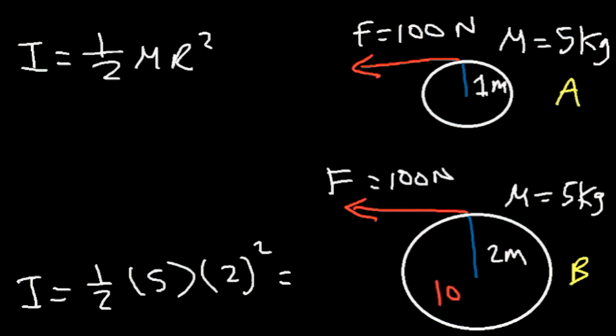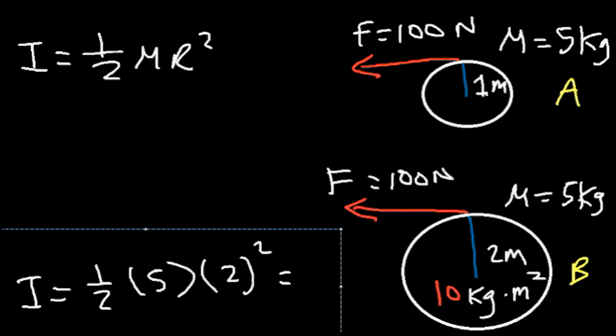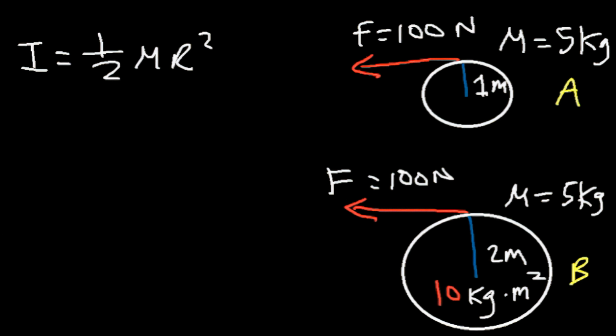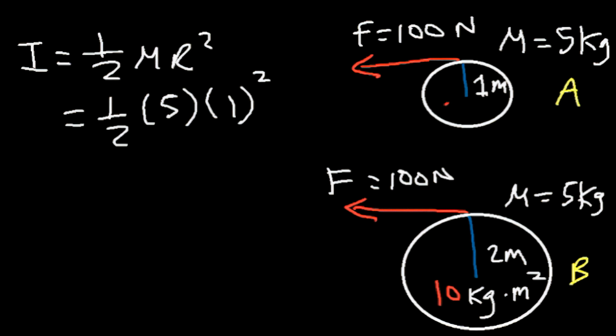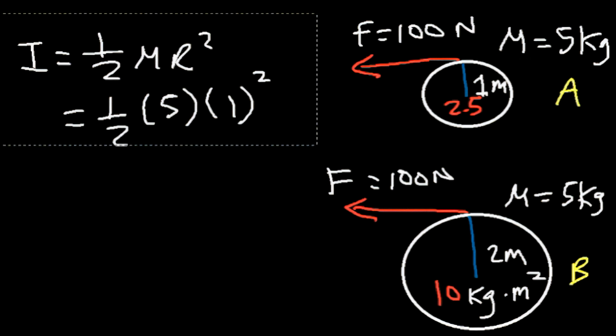The units for inertia are kilograms times meters squared. Now for the other object, it's going to be 1/2 times the mass of 5 times the radius of 1 squared. Half of 5 is 2.5. So the inertia is 2.5 kilograms times square meters.